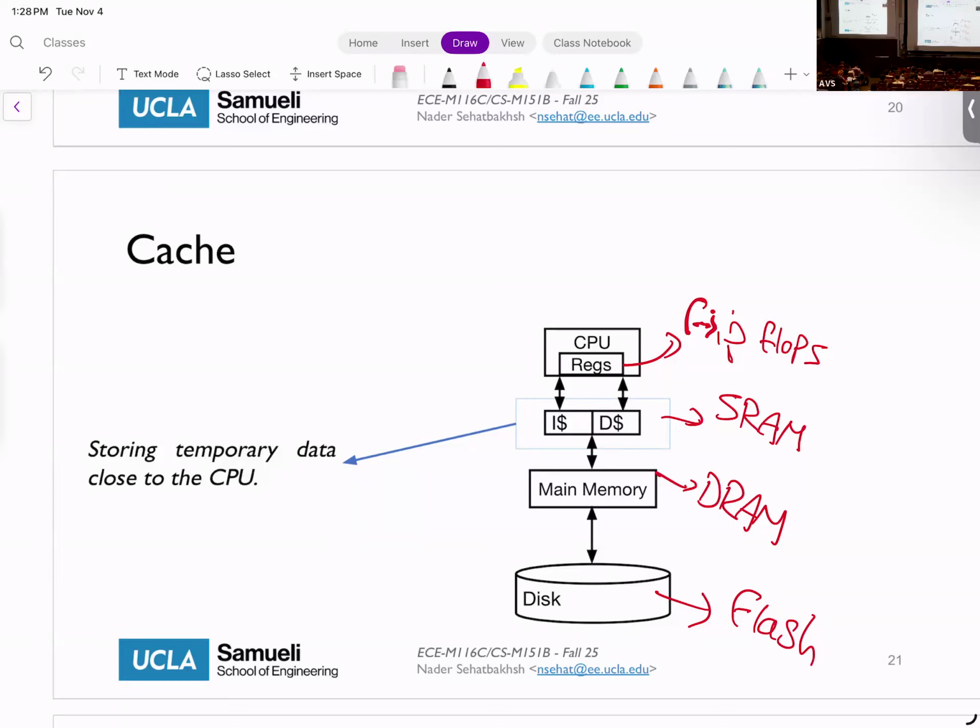So you usually want different ways of storing your instructions versus your data. That's why you separate the caches for instructions and data. You're going to see later that inside the cache itself we have multiple levels. Level 1 of the cache is usually separate between instruction and data. The second and third levels are usually combined.